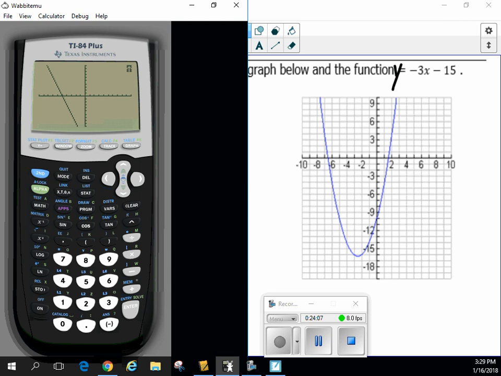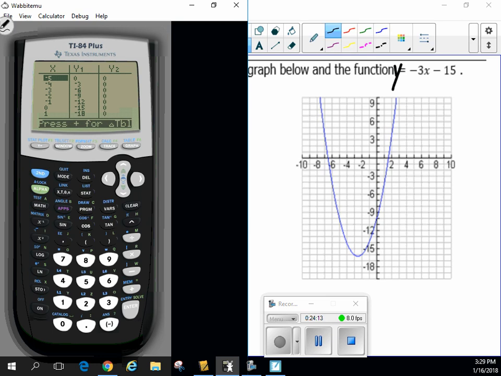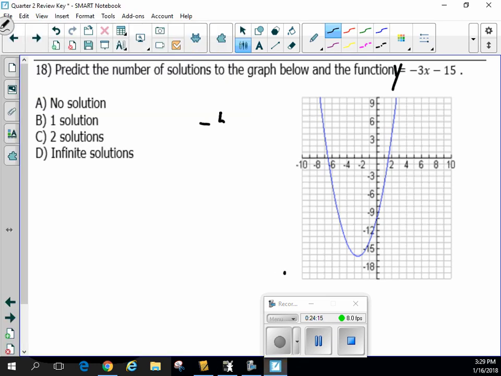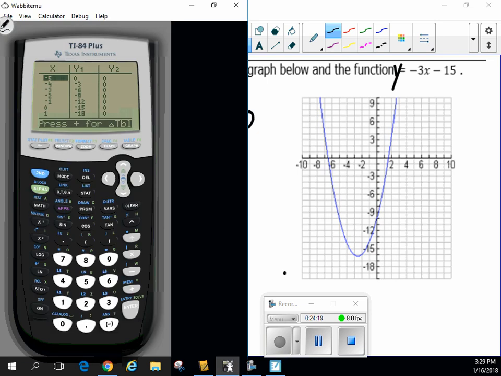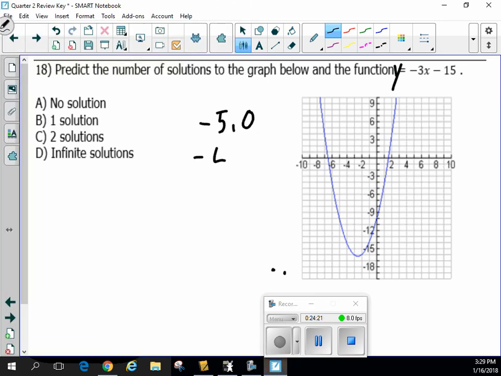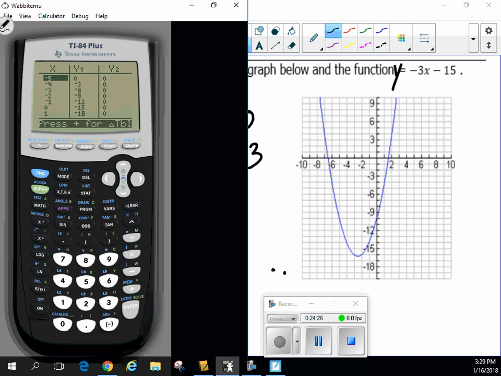But let's actually pick points. To do that, you press second graph to look at your table. One point I can graph is negative 5, 0. What else do we have? Negative 4, negative 3. Negative 2, negative 9.